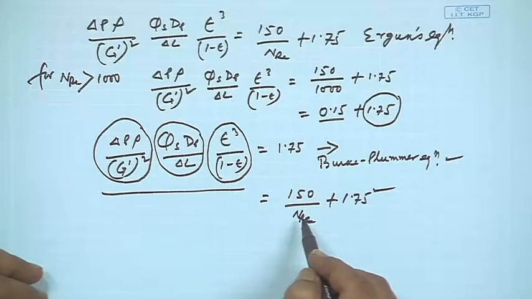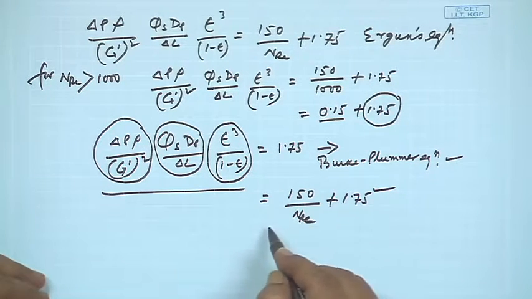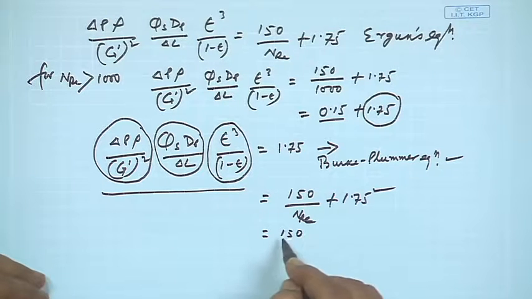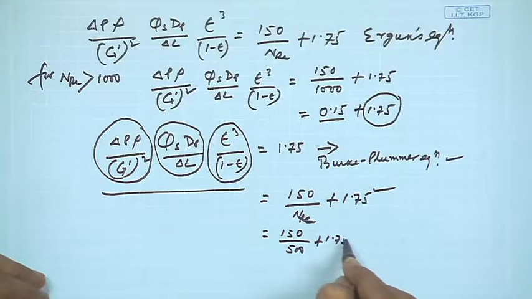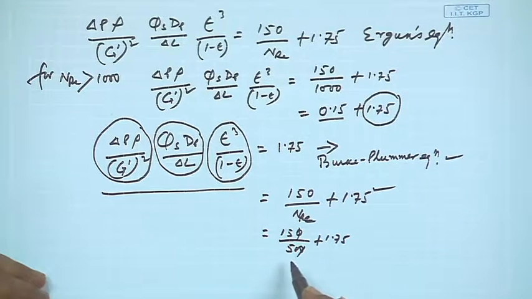Say NRE is greater than 10 but less than 1000, say 500. Then it becomes 150 by 500 plus 1.75. So this goes down, and 150 by 500 is roughly 1/3, that is 0.33, or say 0.4 roughly.